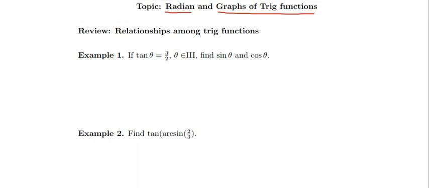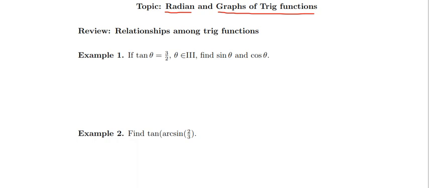We have 6 trigonometry functions, but those functions are closely related. This means if we know one of them, we can find all others. We refer to such a problem as given one, find others.